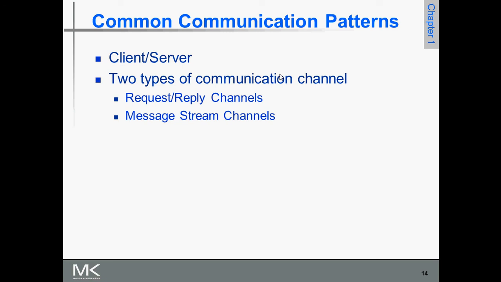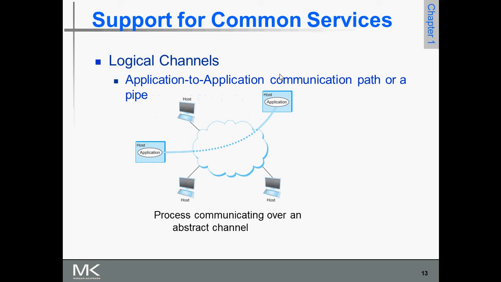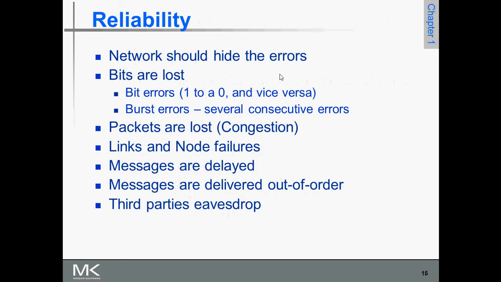The first pattern is the client server model, and in a client server model we create two channels, a request channel and a reply channel. The message stream channels are mainly used for video streaming applications. So once we create channels for these two, automatically we can use these channels for other applications n number of times. So that is called support for common services.